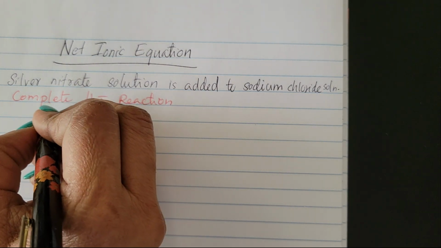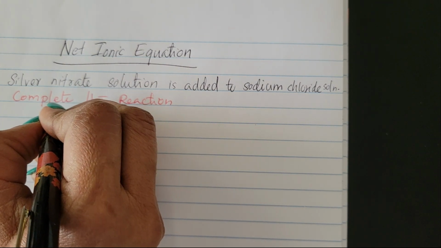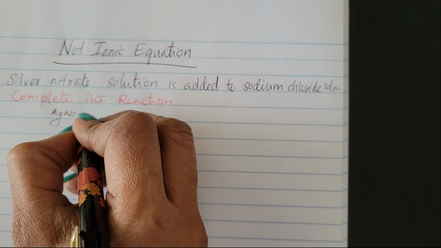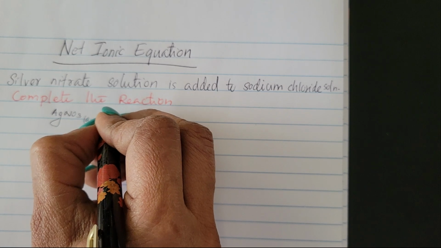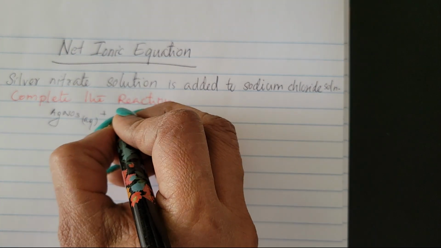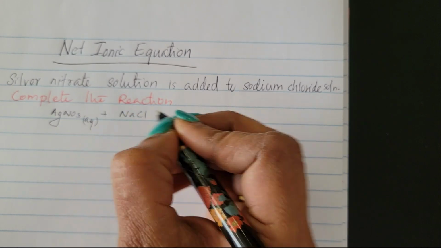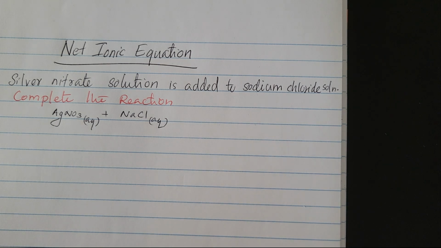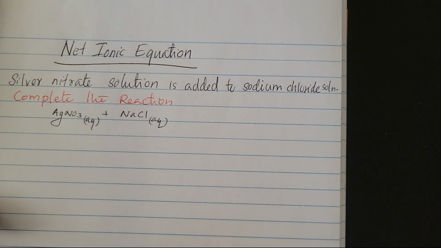Silver nitrate, the formula is AgNO3 and it says solution, so aq. Then sodium chloride, which is what? NaCl, and which is also aq.